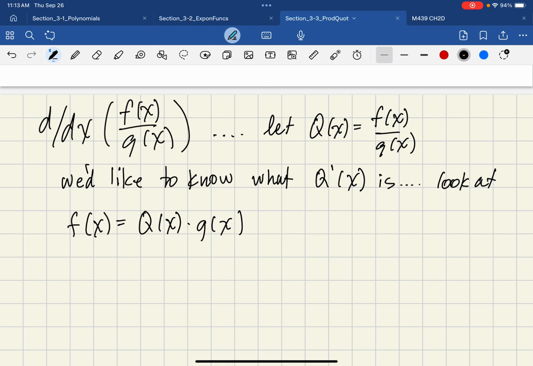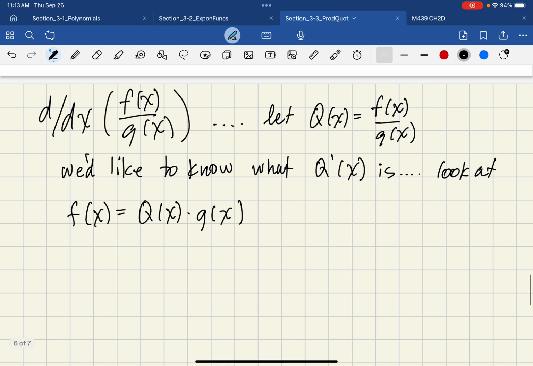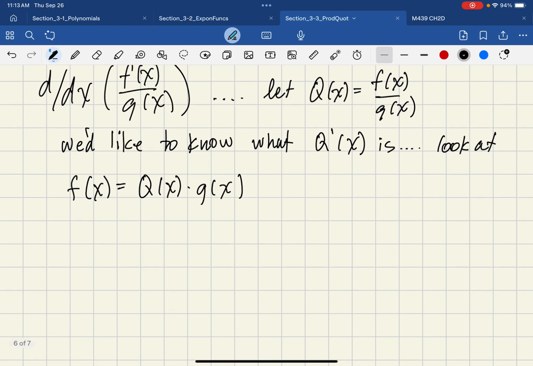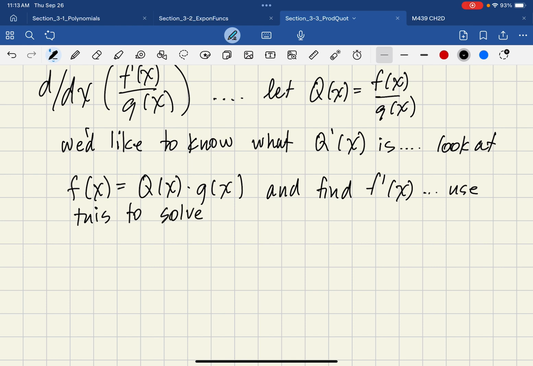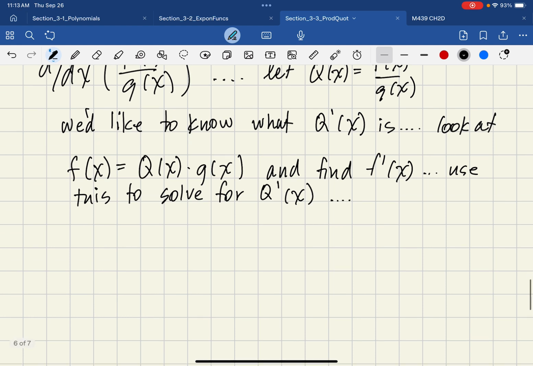The idea behind the proof here is that if we find the derivative of f of x, it'll be a function of the derivatives of q of x and g of x, and hopefully we can solve for the derivative of q of x in the resulting expression. So that's the strategy.